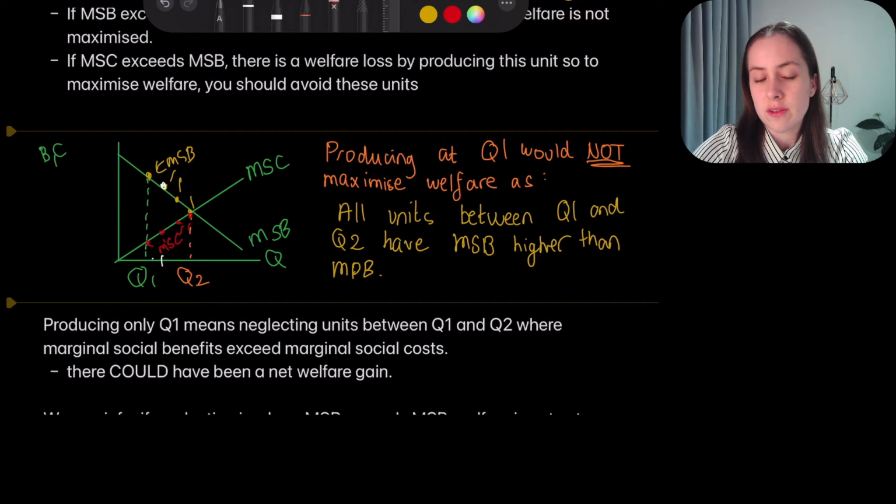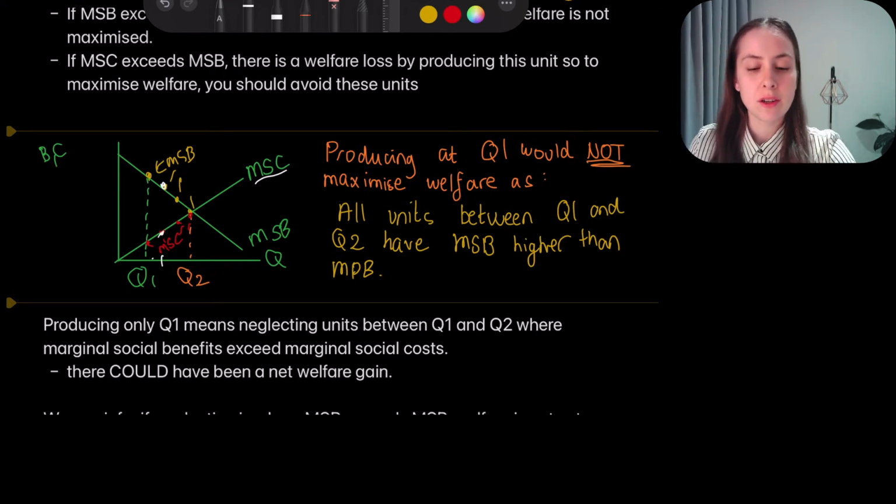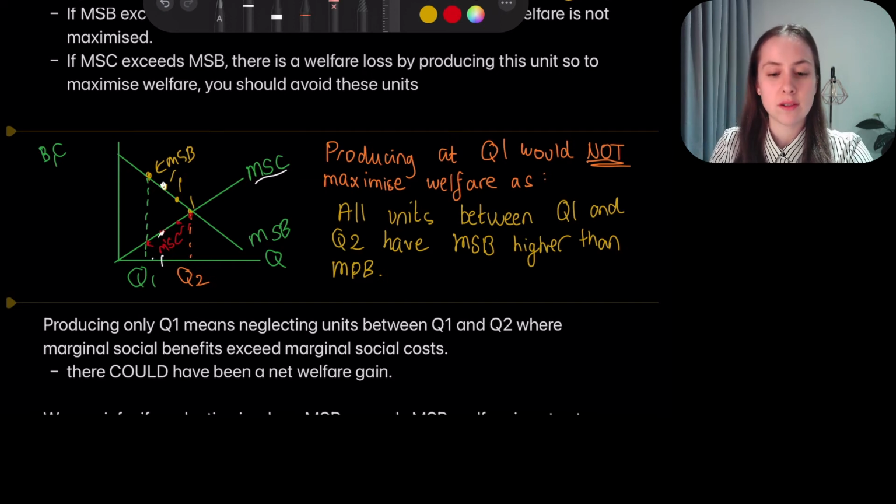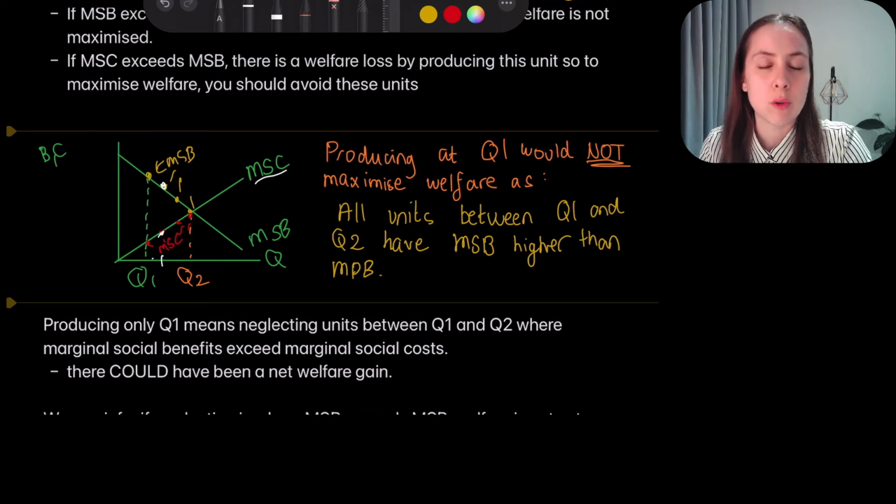And the cost for that quantity goes up to the MSC curve, which is here. So we see a situation where the production of this unit in white, Q3, has added more benefits than costs to society. As a result, it has created an overall welfare gain.